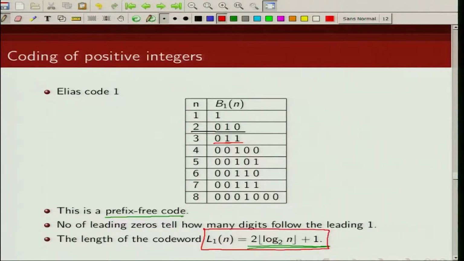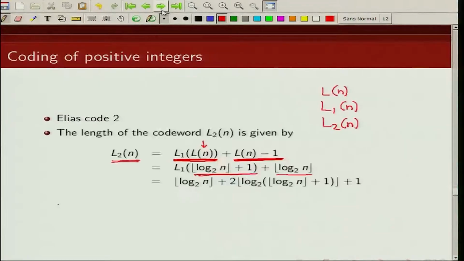It is 2 times floor of log to the base 2 of n plus 1. So we have to compute L1 of this quantity. Okay, so then this will be 2 times this plus 1, and this term comes here.